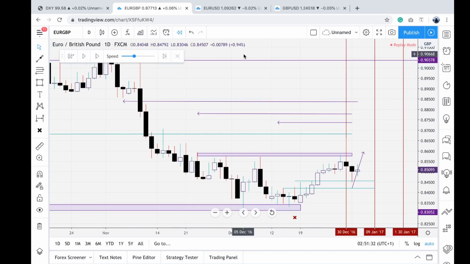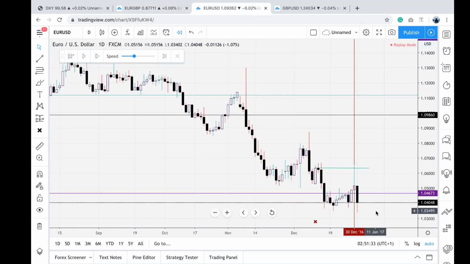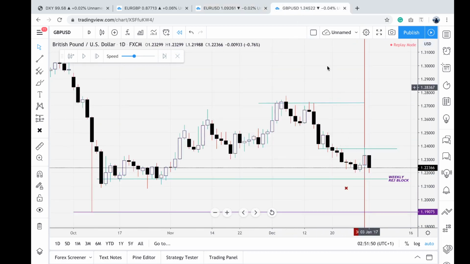Okay, price showing that it's stalling, no real change. Obviously, Euro pound came off this level. We've played this forward already, and so basically price started at a daily low in Euro dollar. So we check GBP USD.